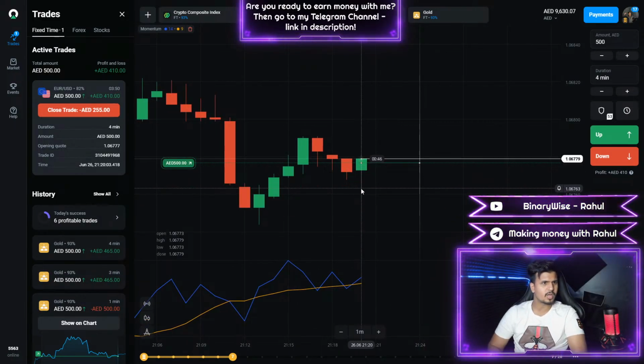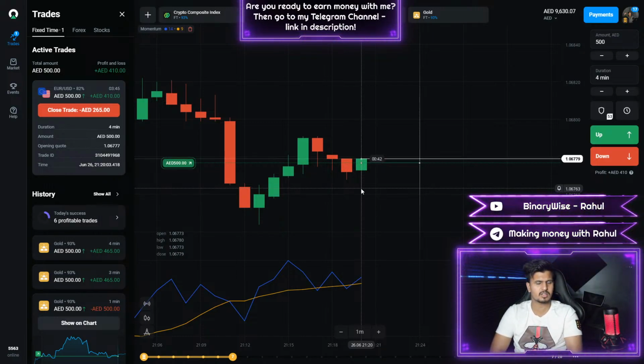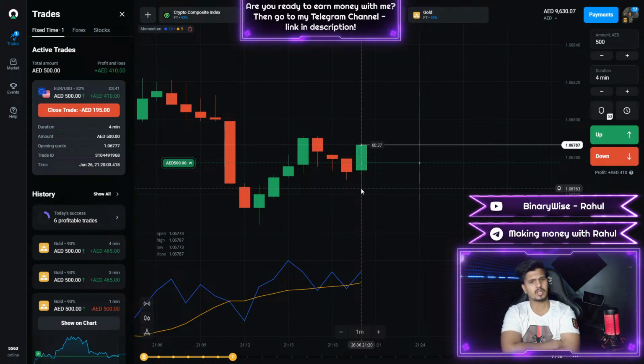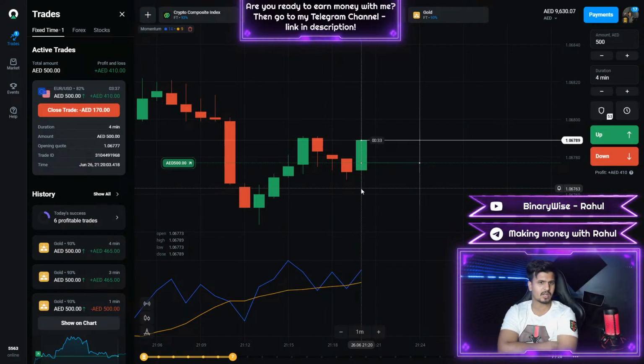Let's check this one. 500 invested here, and it is pretty well moving right now in the upward direction, but the time duration is like 4 minutes. So we have to wait for the 4 minutes to get this result in the favorable condition, if everything is perfect and it just moves continuously in the upward direction.